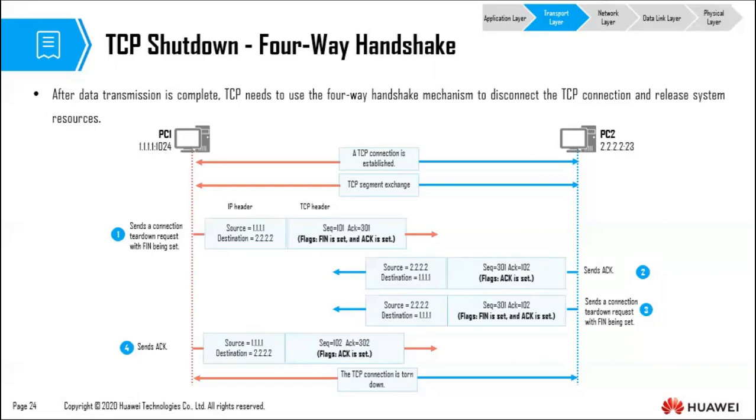The acknowledgement field might have been set because there was some data exchange process. So there was a packet that was received that had that sequence number 301. So we have to acknowledge as we agree to terminate the connection.